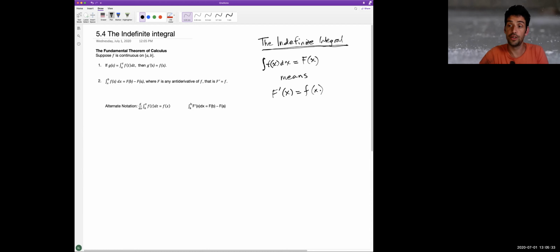In other words, this is saying that capital F of x is the antiderivative of f of x. Okay, so that's just notation. It's just so that we can have a nice symbol for antiderivatives. The integral one makes sense because it's so related to antiderivatives, so it locks in that connection in our heads.